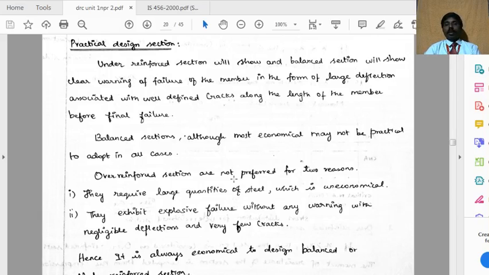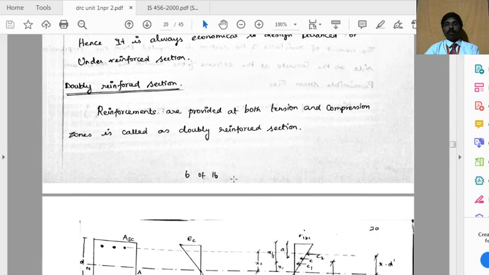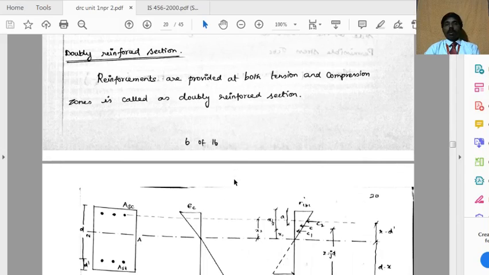We can design the over-reinforced section as a doubly reinforced section in order to maintain the fixed depth. Usually we design the beam as an under-reinforced beam, that is, singly reinforced, but in some cases we have to fix the depth of the section, so we have to go for an over-reinforced section.